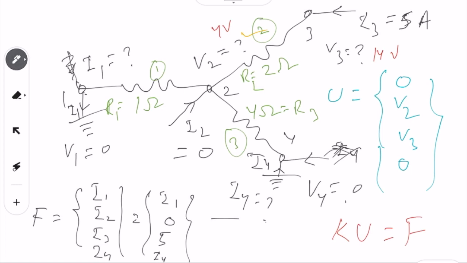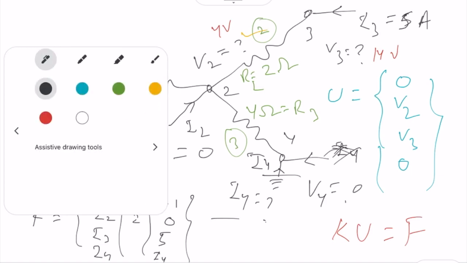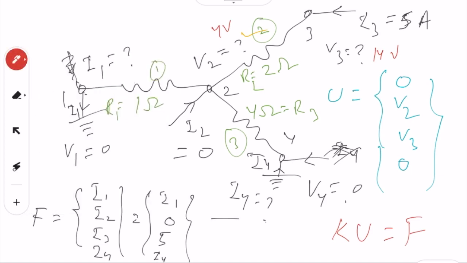We got the answer I1 equal to minus 4 ampere, meaning that current is going outside, current is flowing to the earth, which is 4 ampere going away from the circuit we consider. And then I4 equal to minus 1 ampere.